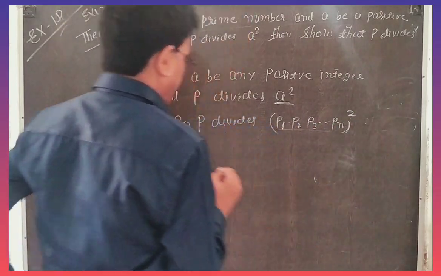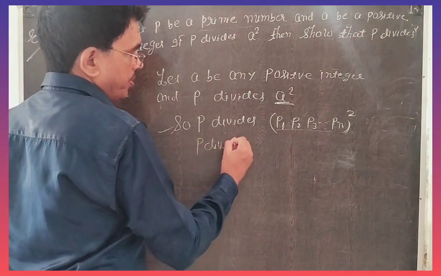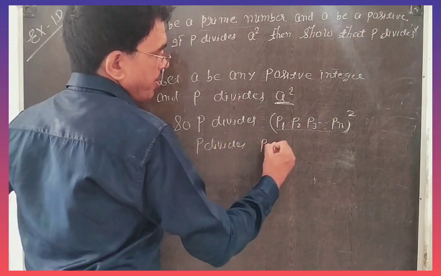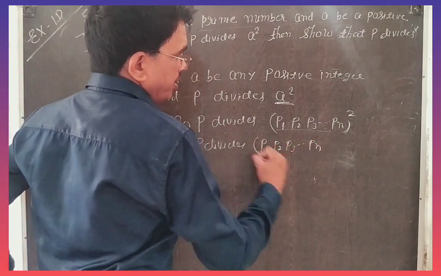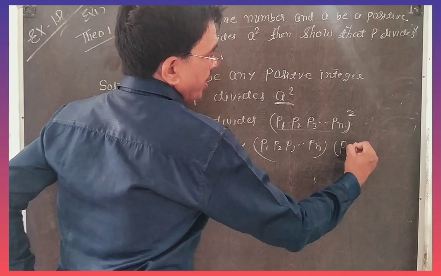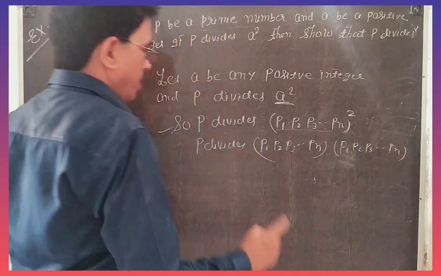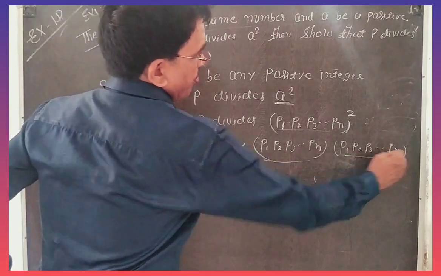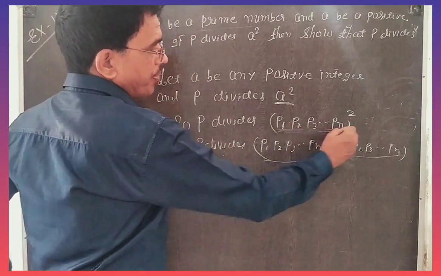Then you can write p divides p1, p2, p3 up to pn and p1, p2, p3 up to pn. And p is present in one of them, because p divides this product, so p is any one of the primes.